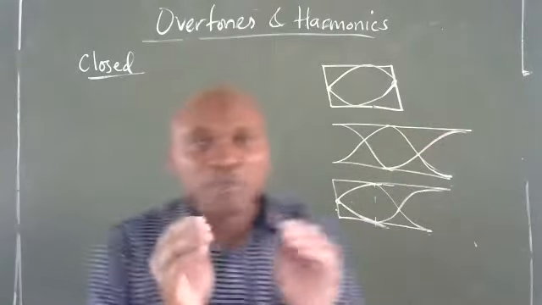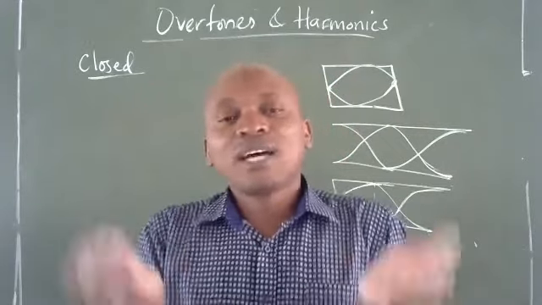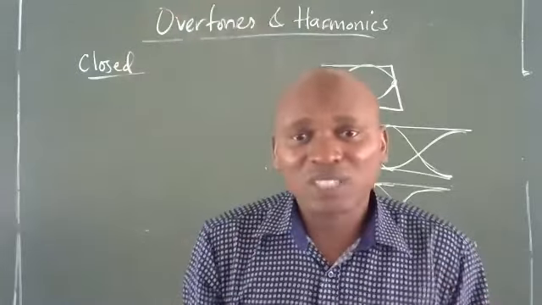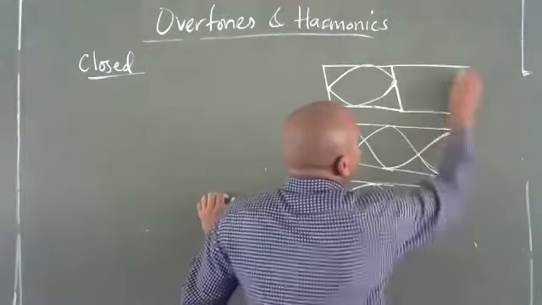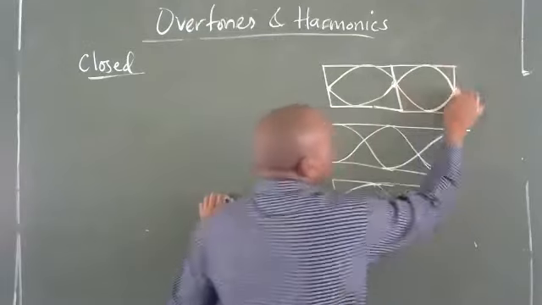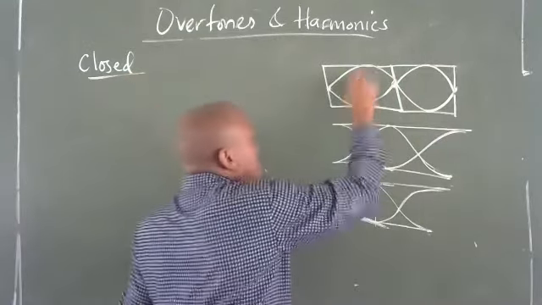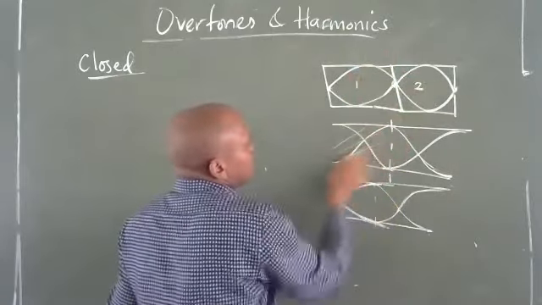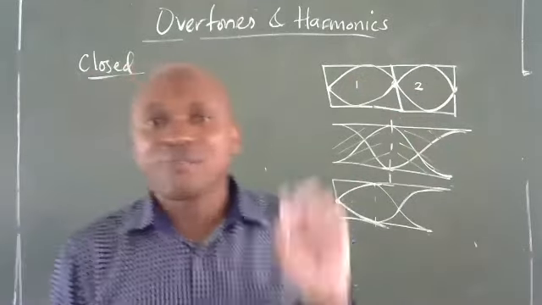So there is a shape that you start with, that on that shape you build on others which are in the same shape. Like here, this one's next shape, if the pipe was long, would be this. The next one will be like that. So this is the first, this is the second. When you come to this, this is the first, and this is the second. Okay? There is the first and second.